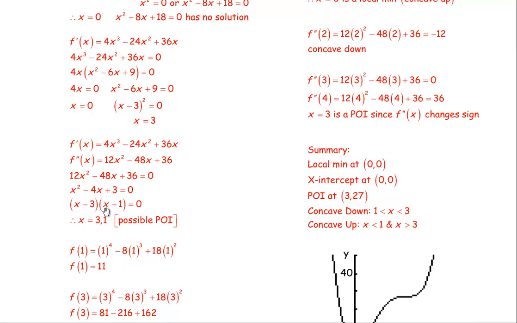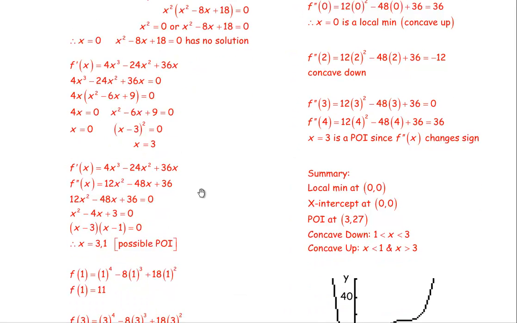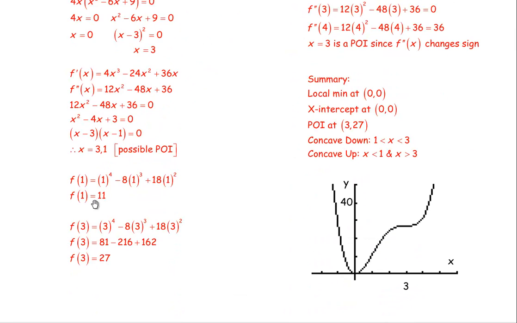So putting 1 in place of x, (1, 11) is a point on the graph. If we put 3 in, that was the other place that could be a point of inflection, then (3, 27) is another point on the graph, a possible inflection point, and that certainly looks like an inflection point right there. We'll justify that with the second derivative up here in a moment.